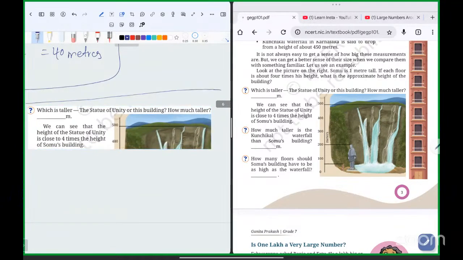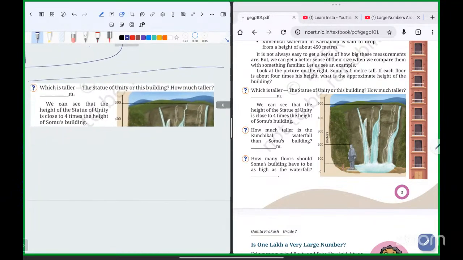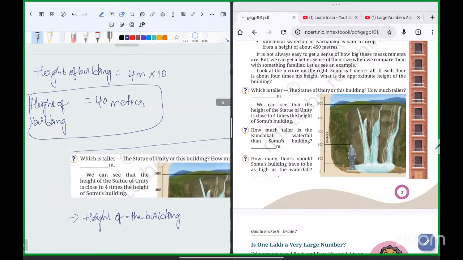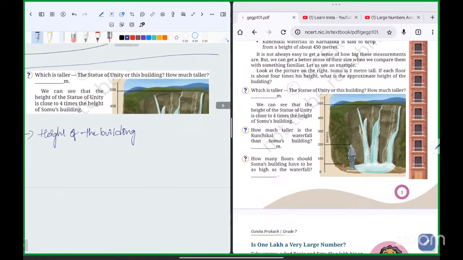So this is the question given. Which is taller, the Statue of Unity or this building? How much taller, if at all? If any building is taller than the other building, we need to find out how much taller that building is. So what is the height of the building? We found it in the previous question. The height of the building in the previous question is 40 meters.